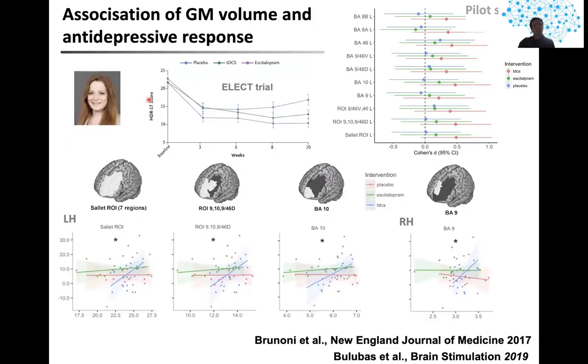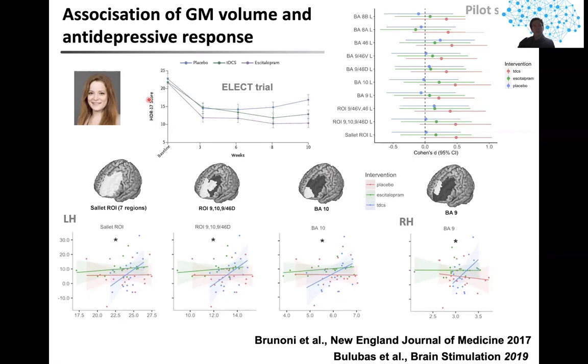We have done in the past one study that has been published by Lucia Bulubas from our research group, where we looked into different solid left DLPFC regions of interest and used the data of the today largest clinical trial on major depression. There we found that increased gray matter in the left DLPFC is associated with an improved antidepressive response.